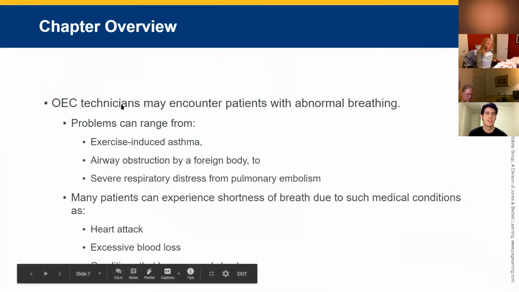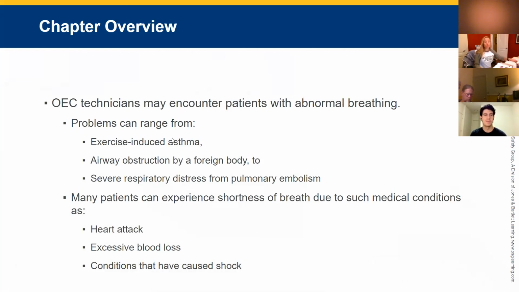All right, so of course, OEC technicians may encounter a patient with abnormal breathing. Problems can range from, just listing out some things: asthma, foreign bodies, pulmonary embolism. And then you can also have things that don't have anything to do with the lungs that will manifest as shortness of breath.